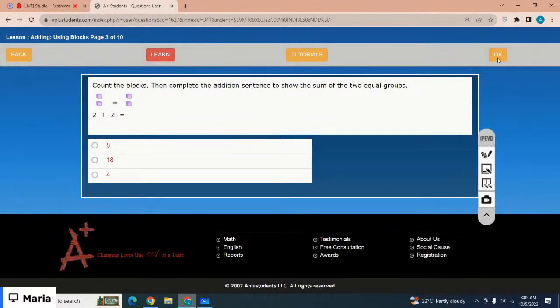Okay, count the blocks, then complete the addition sentences to show the sum of the two equal groups. So which is the correct option? Yes, when you count them all together, 2 plus 2 makes 4. The correct option is 4.